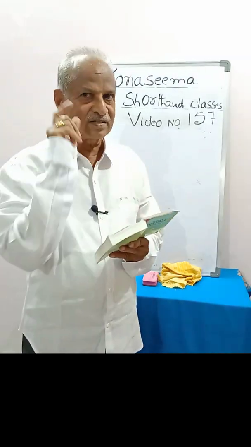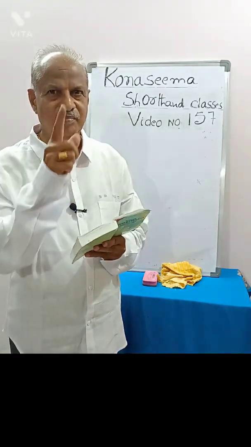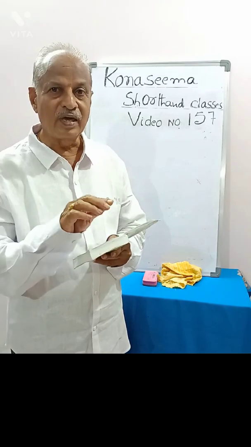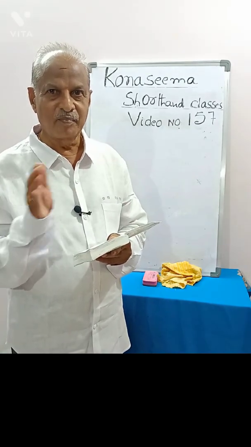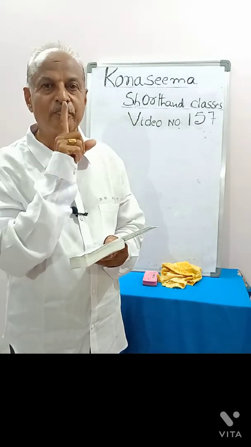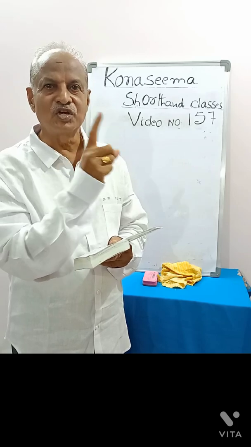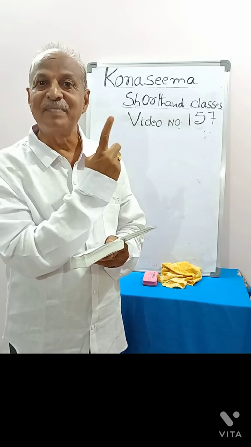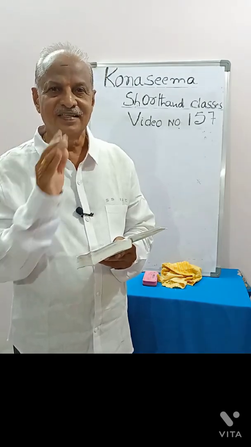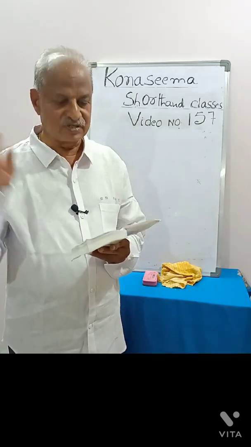And they are separated from a preceding consonant by an obscure vowel only, as in pay, per. Pay is one syllable, per is a separate syllable. Pay, per. The voice is changing here. Like that, may, kar. May is one syllable and kar is a separate syllable.